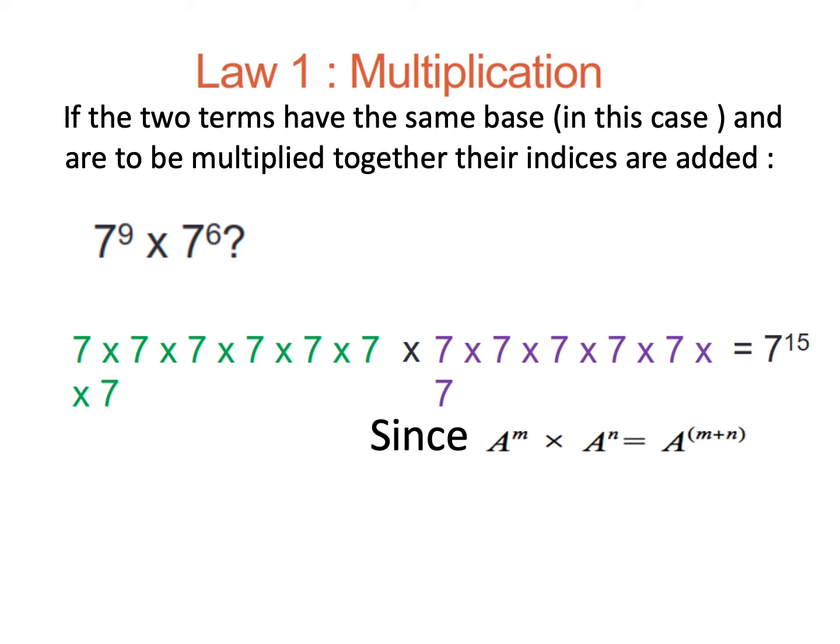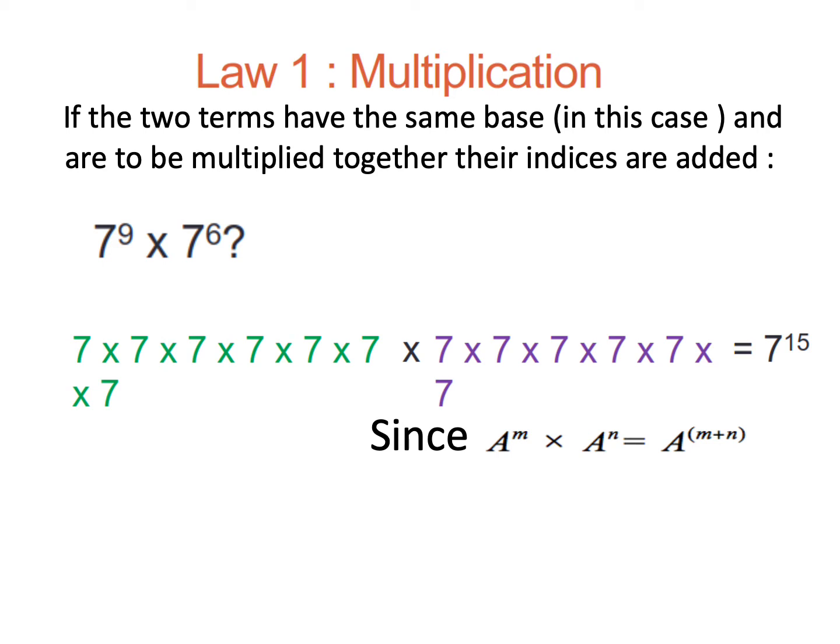In this case, 7 to the power of 9 multiplied by 7 to the power of 6 gives you 7 to the power of 15. How did you get 15? You just add the indices or the powers, 9 plus 6 to give 15.